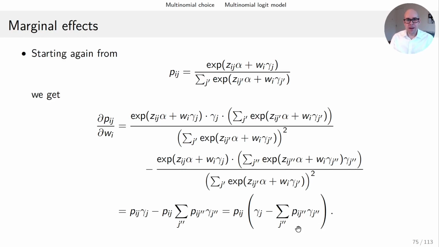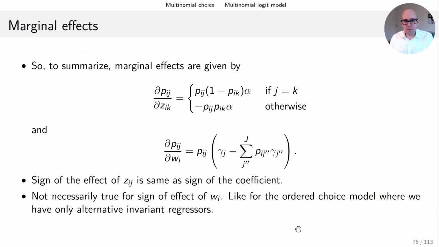So we can interpret what we get in terms of this logic. So to summarize, what we'll have is the marginal effects associated with changes in alternative varying characteristics zik or zij.